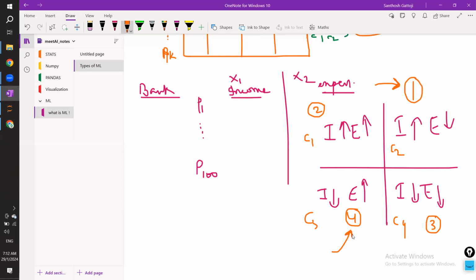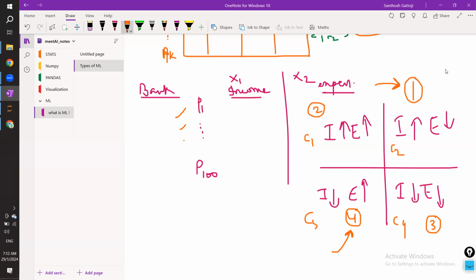So obviously you can see a practical application of clustering, because if it is not this way, if you directly take 1 to 100 and start calling person 1, person 2, person 3, and most of the calls go to this person, it's a waste of time. Even if you sanction a loan to this guy, that will be a headache for the bank, because he cannot pay back, because his planning is too bad. So to avoid that, they do clustering.